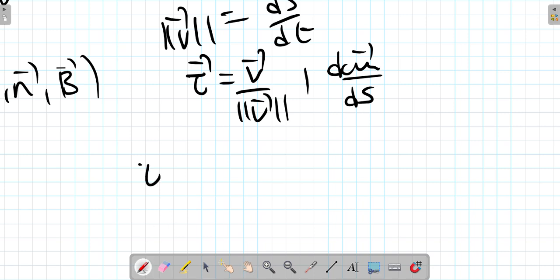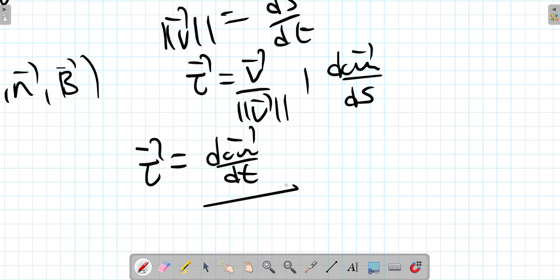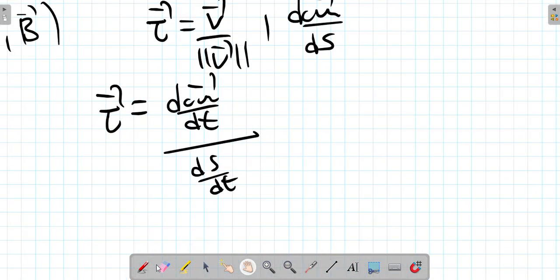It's very simple. From the first definition, how do you define v? v is defined to be dOM over dt, right? Then how do you define the magnitude of the vector vitesse? We define it to be ds over dt. Then from here we can cancel out dt and dt.